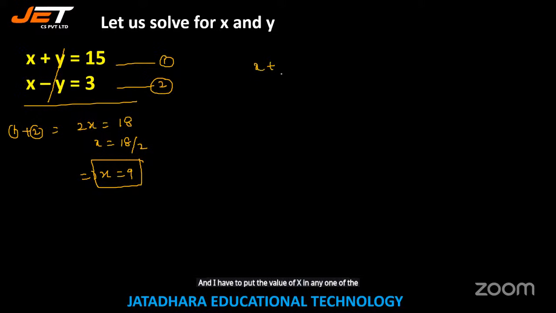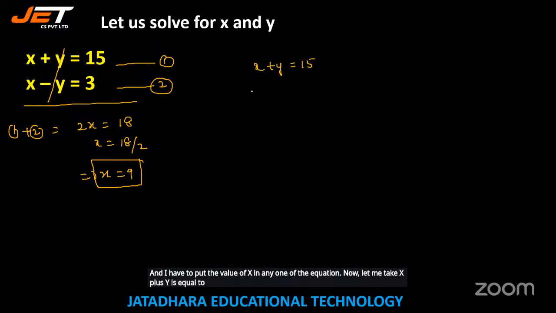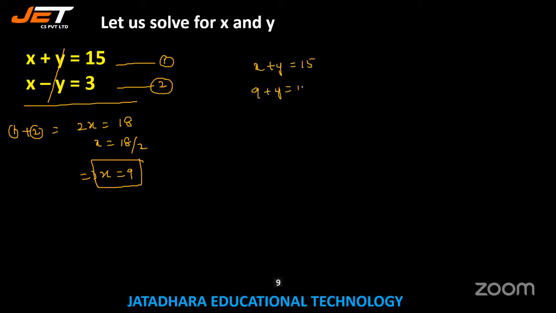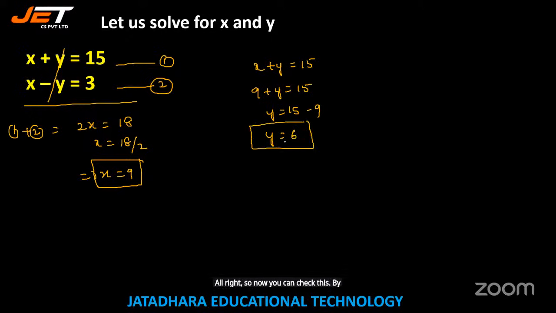Let me take x plus y is equal to 15. 9 plus y is equal to 15, so y is equal to 15 minus 9, which implies y is equal to 6. Now you can check this: 9 minus 6 is 3. So our answer is right.